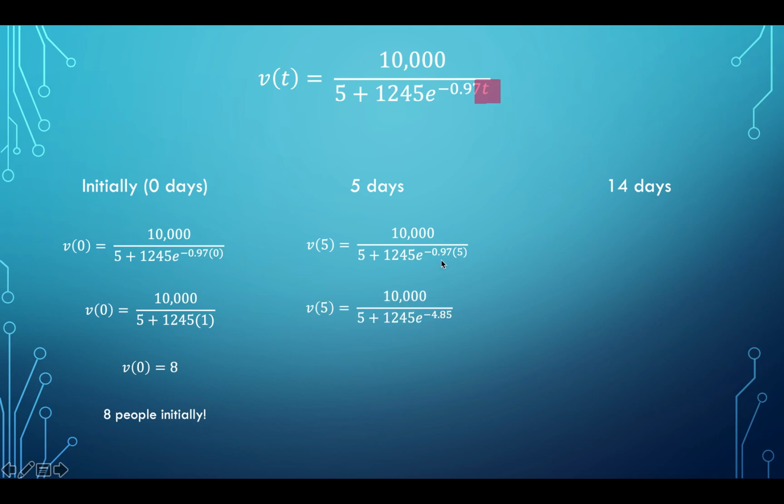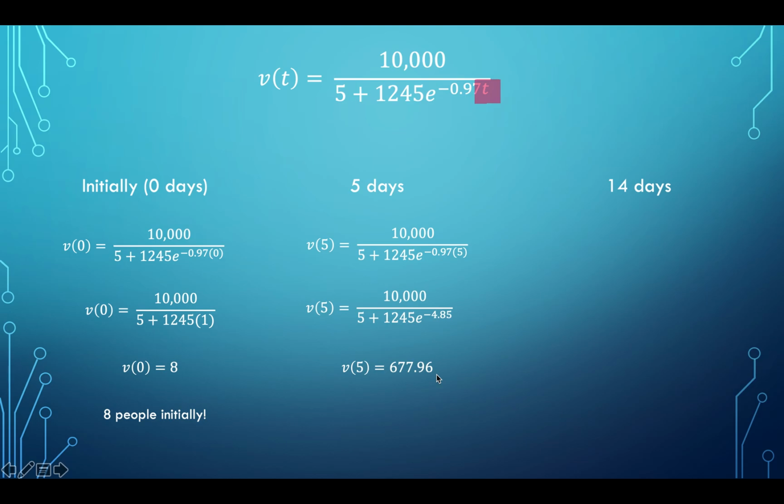I multiply negative 0.97 times 5 and get negative 4.85. I then do e to the negative 4.85 power, get that answer, multiply it by 1,245, add 5, and then I do 10,000 over whatever that answer was, and I'm left with 677.96.